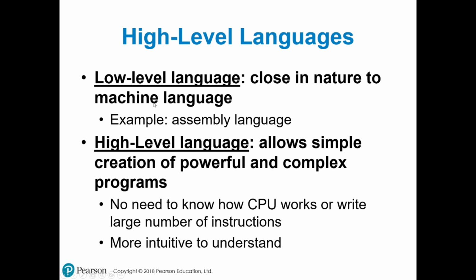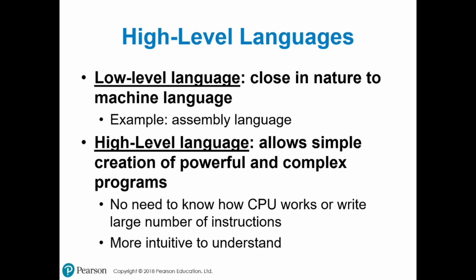And yeah, low level languages: assembly language is a low level language close to machine language. And high level languages are the advanced languages, like Python, Java, Go, C++, C sharp. These are all high level languages. They make life easy for software developers.